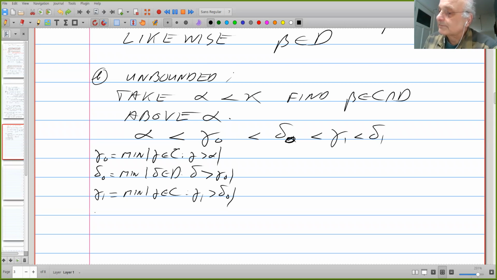In general, whenever we have a delta that goes with a number n, I take the next gamma bigger than that delta, and in the same way, the next delta.